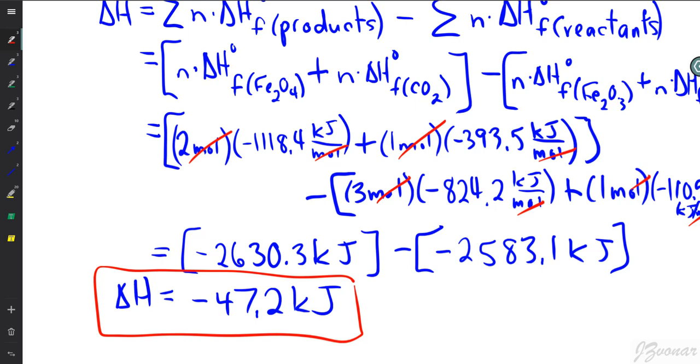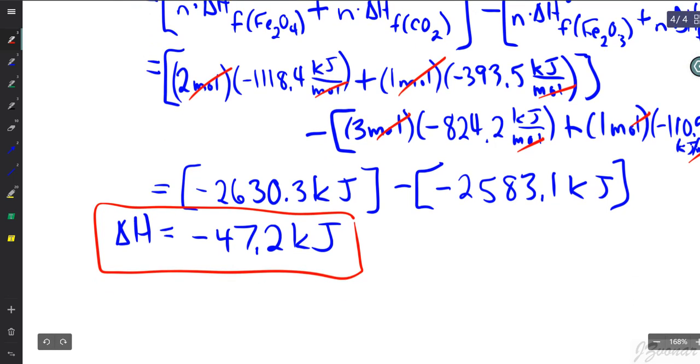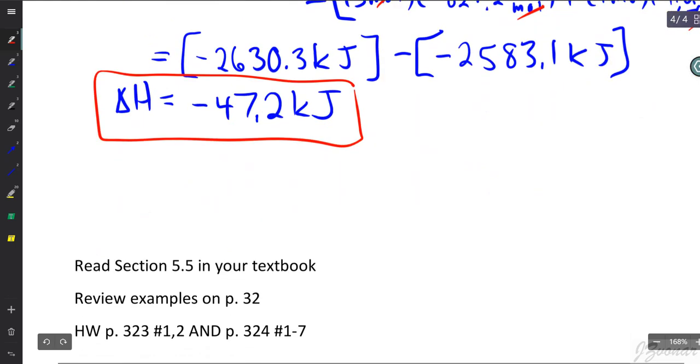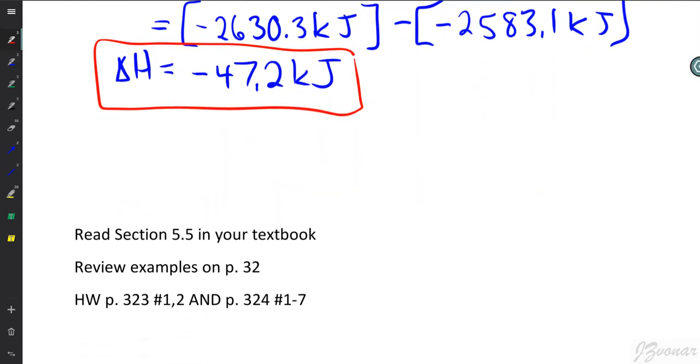All right, so that's it for today's lesson. It's a little bit shorter than yesterday's, so your job is to read over this section and try the homework questions in this particular section. So as a bare minimum, I would definitely do page 323, questions 1 and 2, okay?